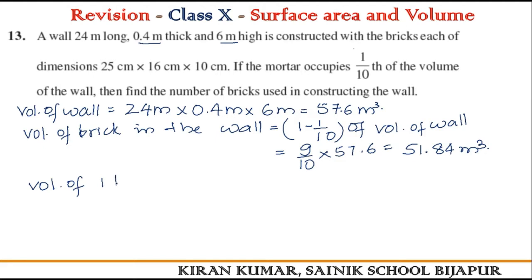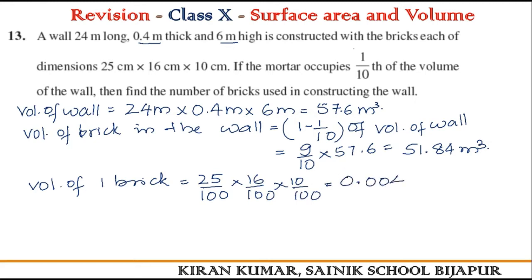Volume of one brick will be equal to 25 centimeter. We need to convert that into meters, so it becomes 25/100 into 16/100 into 10/100. On calculation we get 0.004 meter cube.